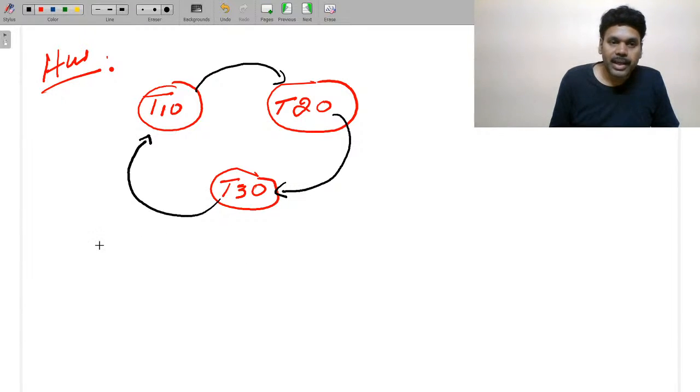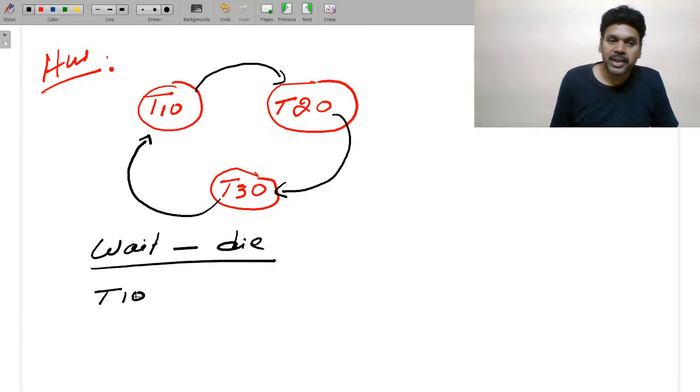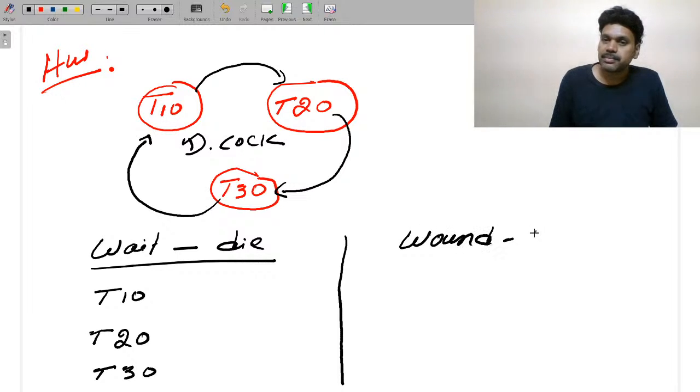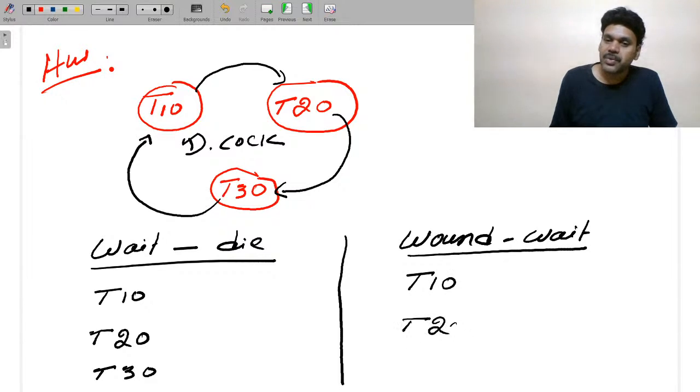Okay. In wait-die, what happened to T10, T20 and T30? The deadlock is observed. And in wound-wait, what happened to T10, T20 and T30?